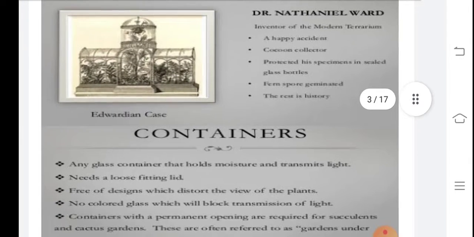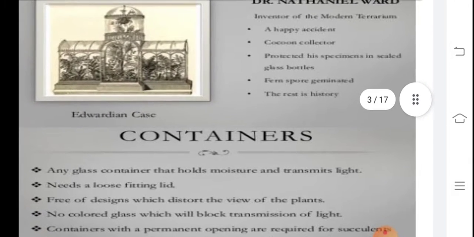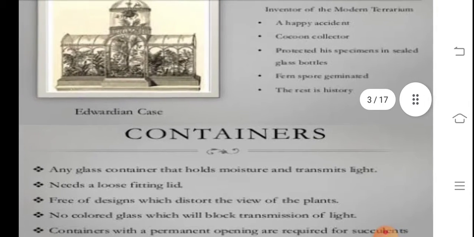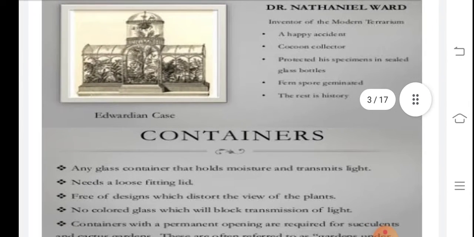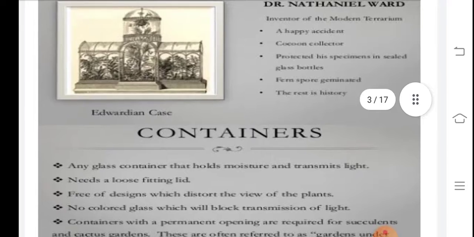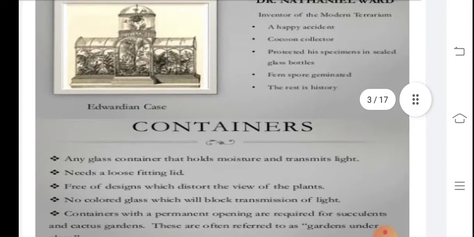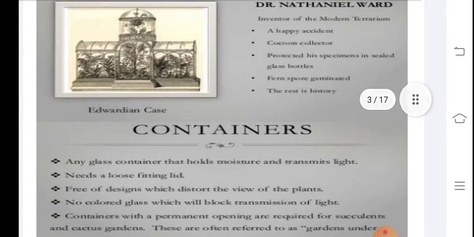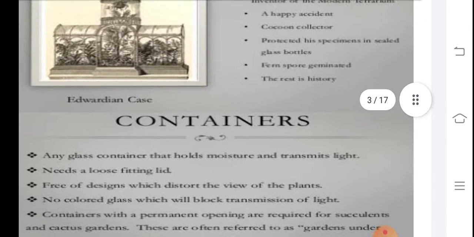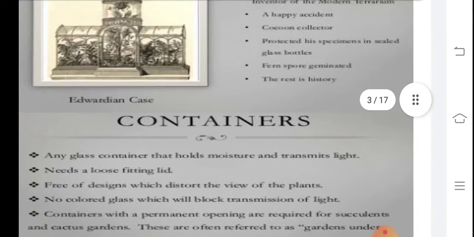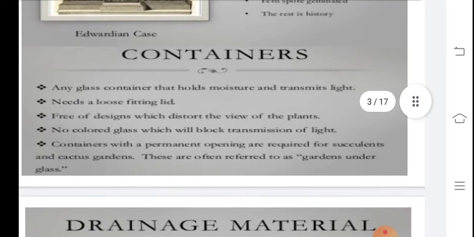Firstly, they prepared it this way. Actually, they were cocoon collectors. Cocoon, as we know, relates to the silk industry. After that they used some glass bottles. Then foreign spores germinated, and after that a history was created.